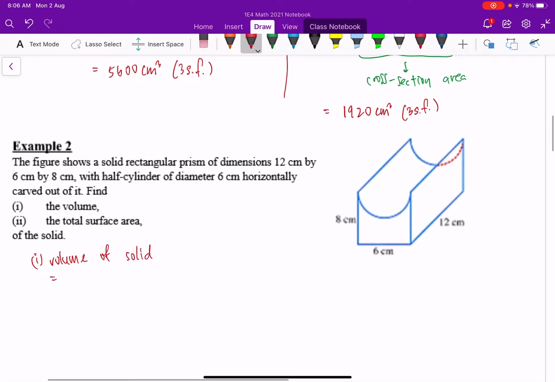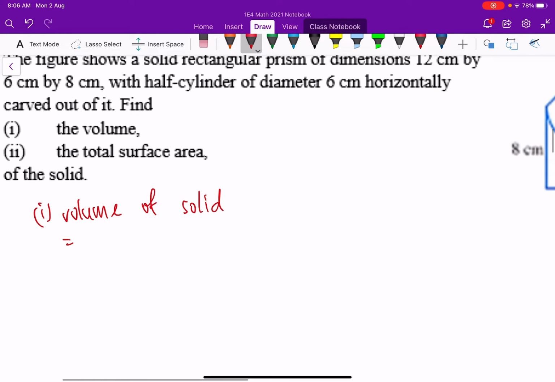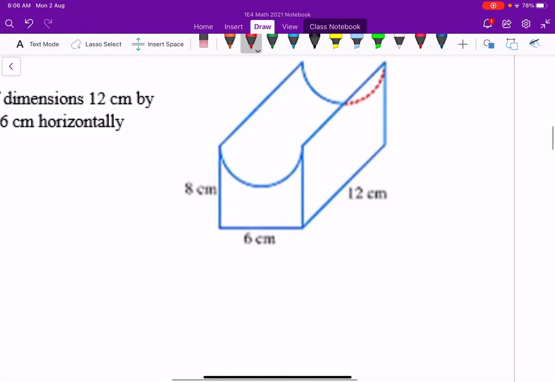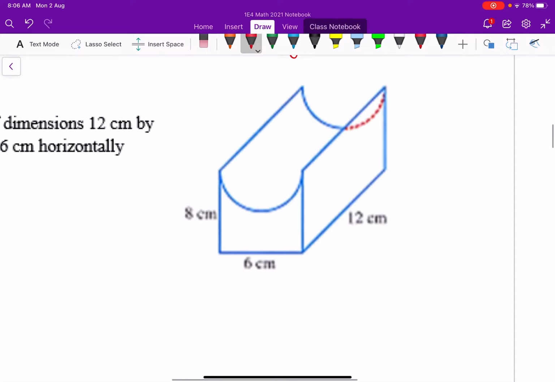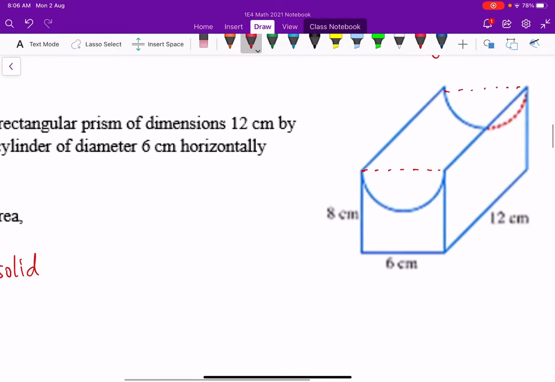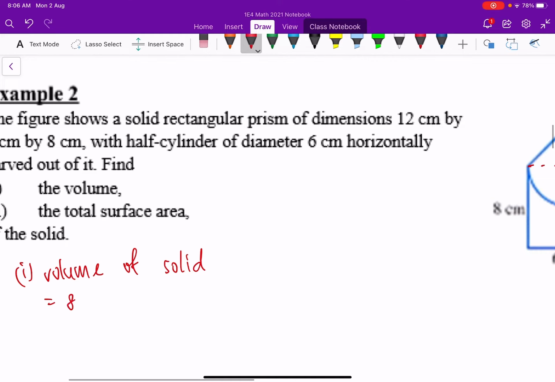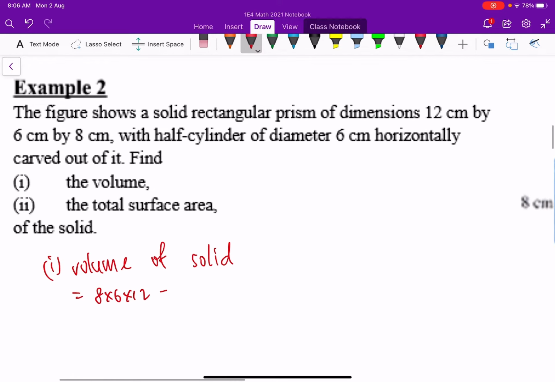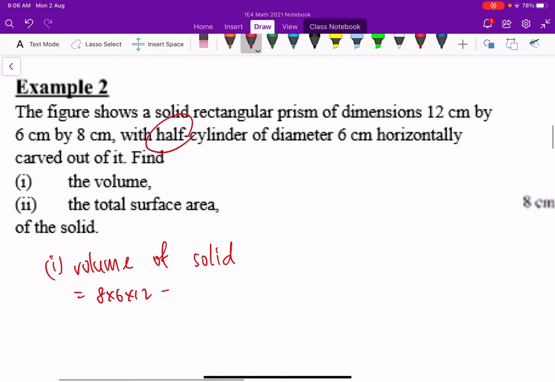Let me take a look at this shape. This definitely started off as a cuboid, right? If I draw the dotted line there, it started off as a cuboid. So why don't we just take the volume of the cuboid and then minus away the cylinder. But they say it's half a cylinder. Do you notice it? Highlight.